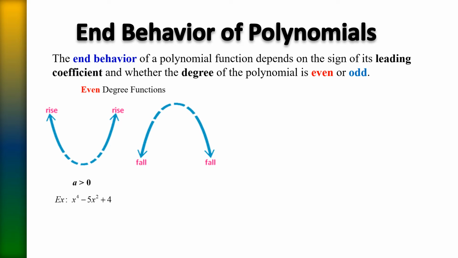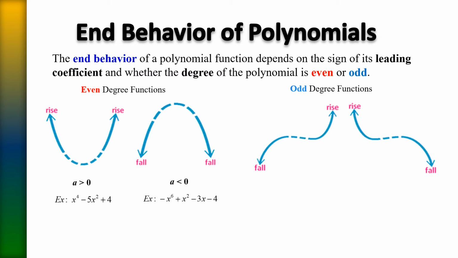If the leading coefficient is a negative number, such as in this case, where the leading coefficient is -1, that is why this even degree polynomial in the second example would have both ends facing downward, or fall.